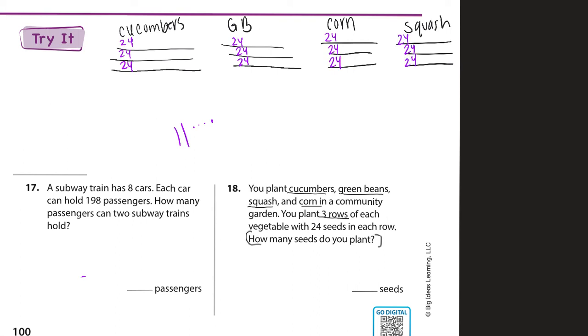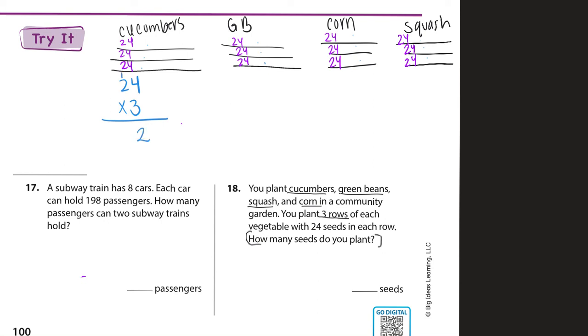If I wanted to, I could just add up all the numbers to find how many seeds I planted in all. But I can also multiply. So I could say 24 times 6 for two of the vegetables, or I could do 24 times 3 to see how many cucumber seeds I have. 4 times 3 is 12.